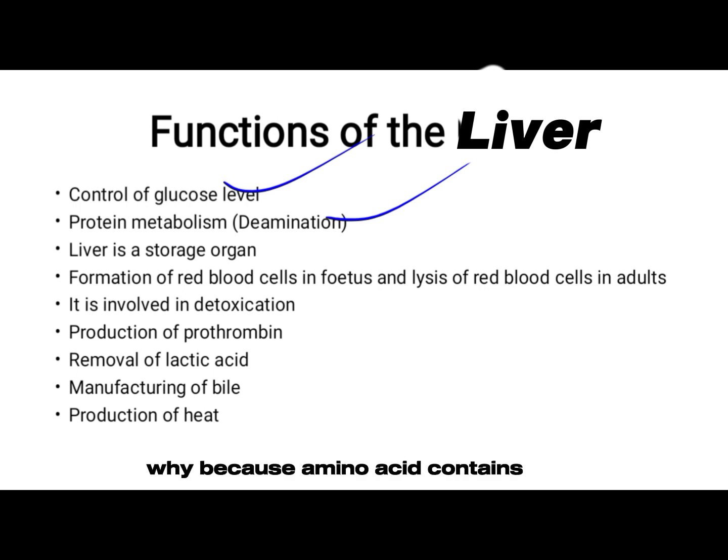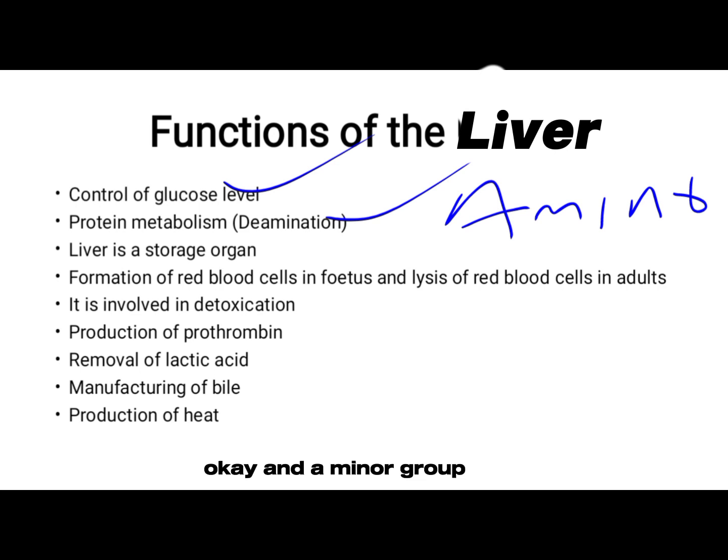Why? Because amino acid contains an amino group, and the amino group usually has a toxic nitrogenous substance. The nitrogenous substance is poisonous and cannot be stored in the body. So for that reason, the liver helps to break down the amino group of the amino acid.